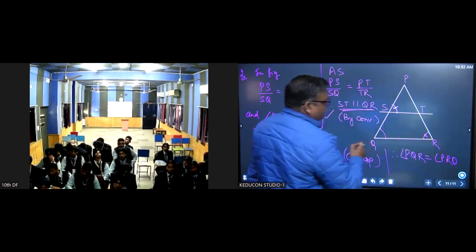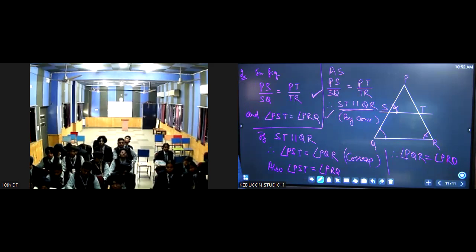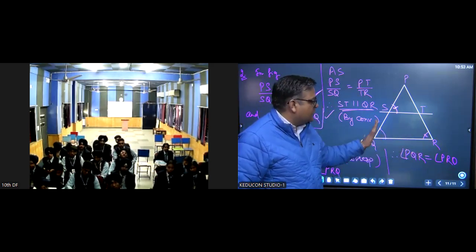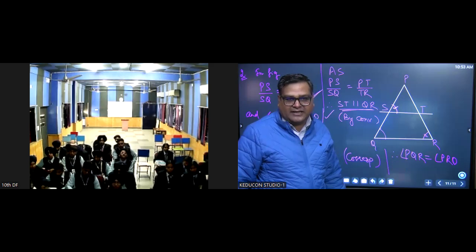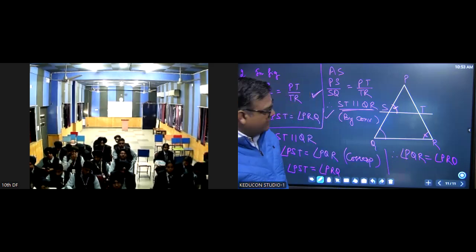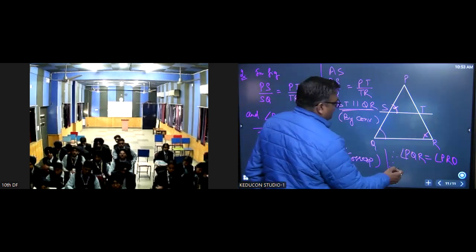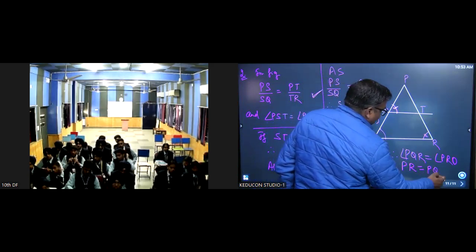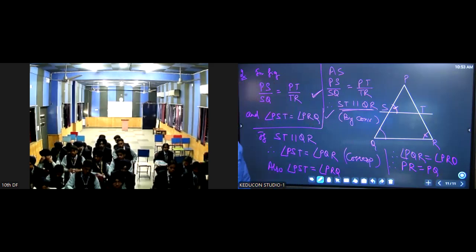If these two angles are equal, angle Q equal to angle R, therefore the side opposite to angle Q and angle R will be equal. Therefore, PR will be equal to PQ. Therefore, triangle PQR is an isosceles triangle.